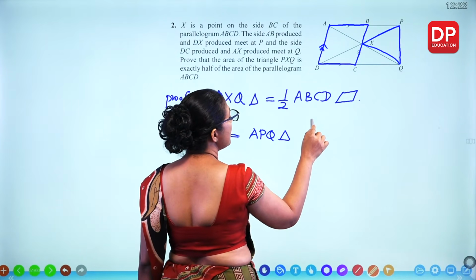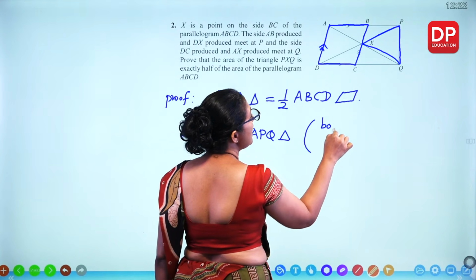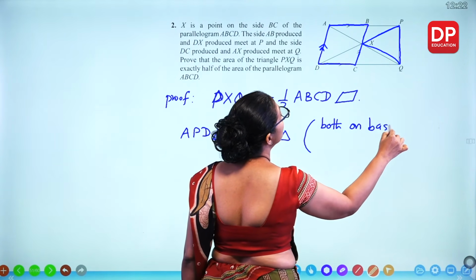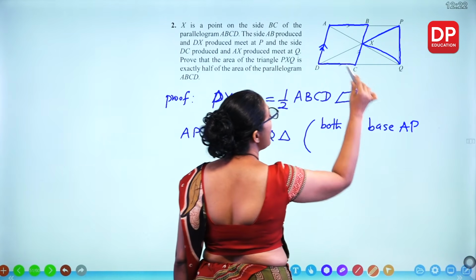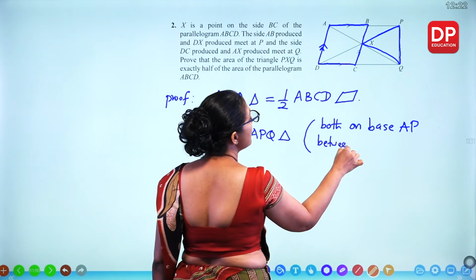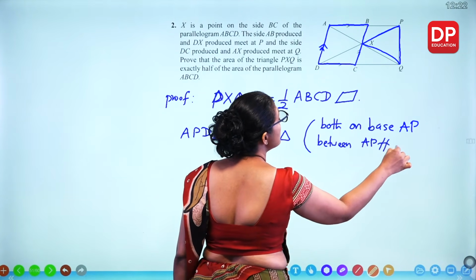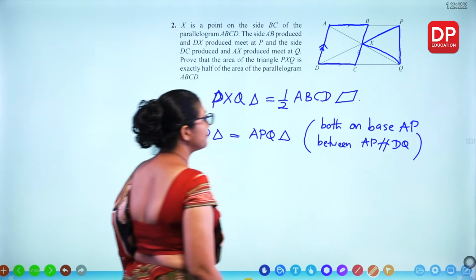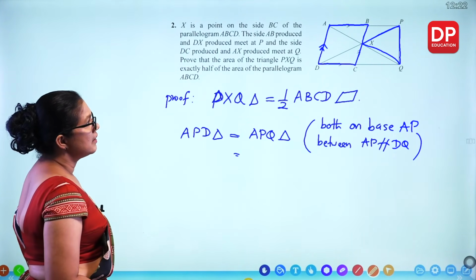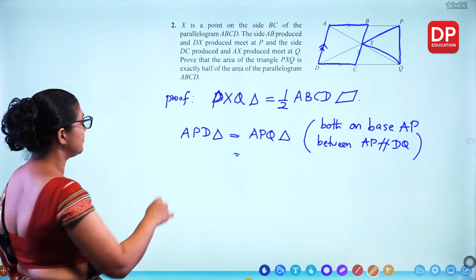Both lie on the same base AP, and between the two parallel lines AP and DQ. I want to subtract APX from both sides.